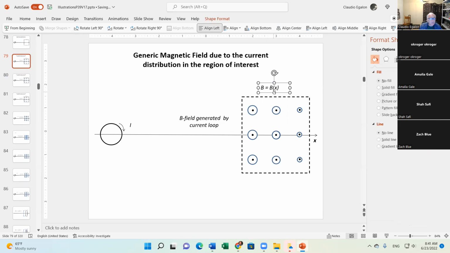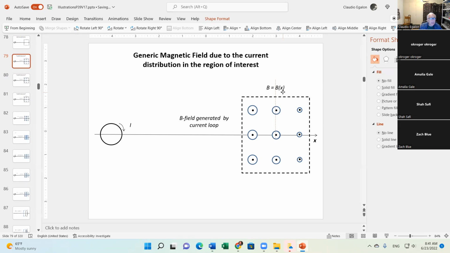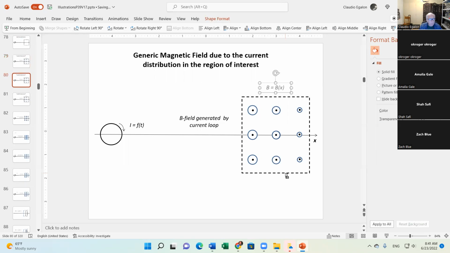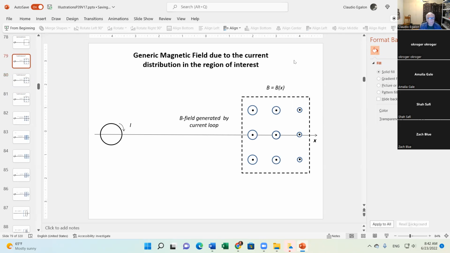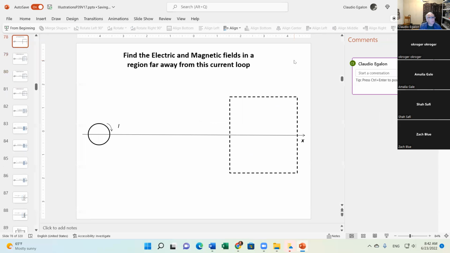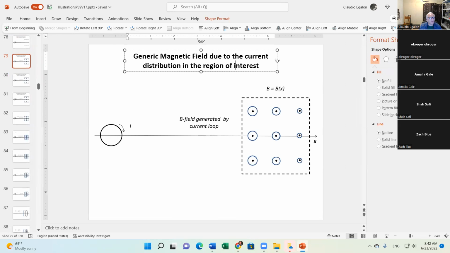Once I tell you that, step by step, once I tell you that this current is a function of time, then I'm ready to state that the magnetic field is also a function of time. Here you go. Find the electromagnetic field in a region far away from this current loop, the generic magnetic field with the current distribution in the region of interest.